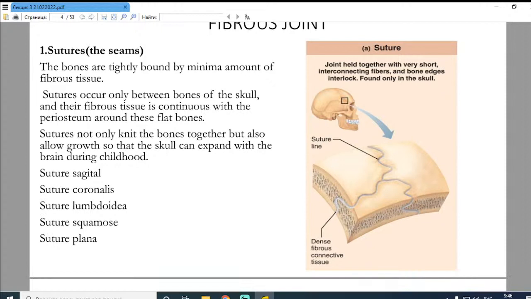Fibrous joints, sutures. The bones are tightly bound by a minimum amount of fibrous tissue.